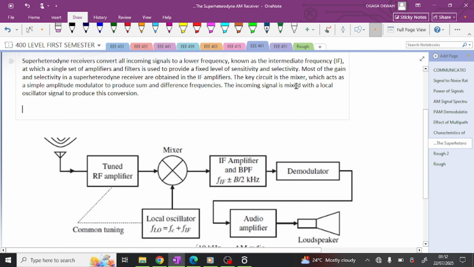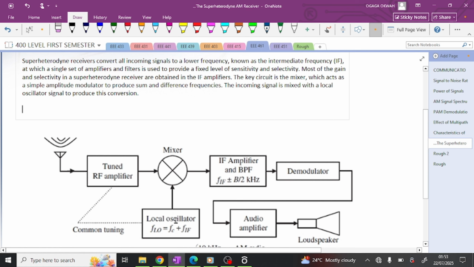Now the key circuit is the mixer, which acts as a simple amplitude modulator to produce sum and difference frequencies. Now the incoming signal is mixed with a local oscillator signal to produce this conversion. Look at the incoming signal, then the local oscillator.